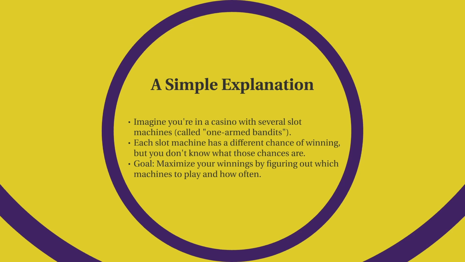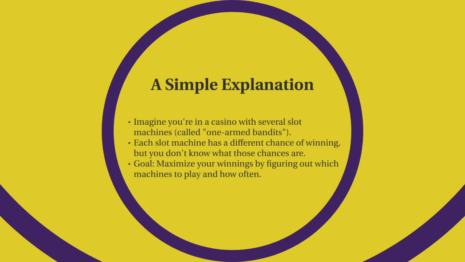So the objective at the end of the day is to maximize your winnings. And you have to figure out which machines to play and how often you play them. And you don't know before you start betting which machines pay better. So you need to do a little exploration. That's actually the correct term.